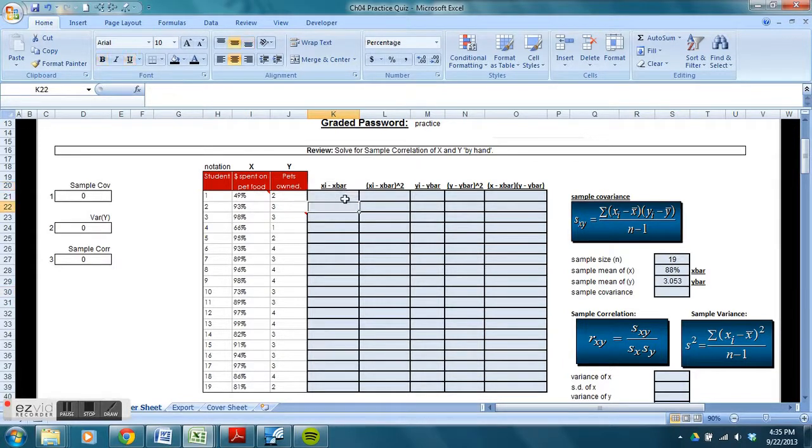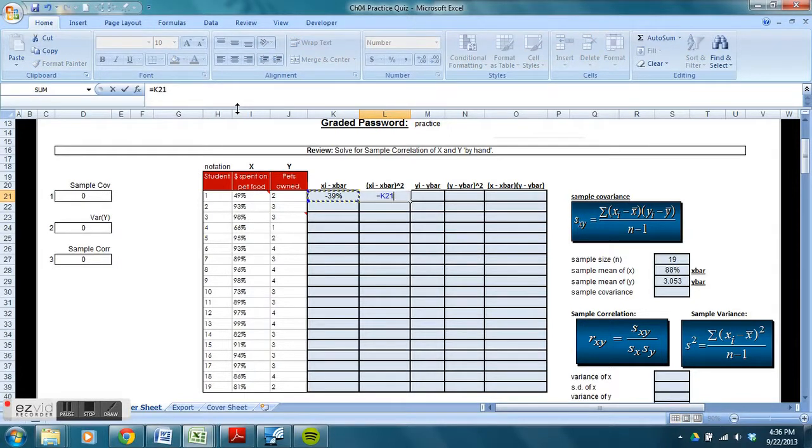xi, this is xi, represents x1 minus x bar, 88%. Put dollar signs around the x bar. That way we can copy and paste and it'll keep that cell where it's at. Now we want to square it. Y sub i minus y bar.